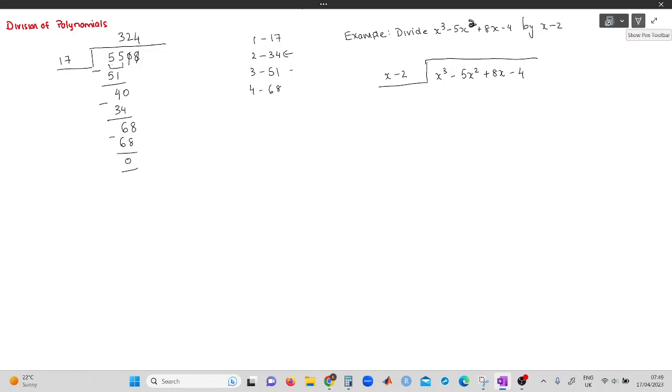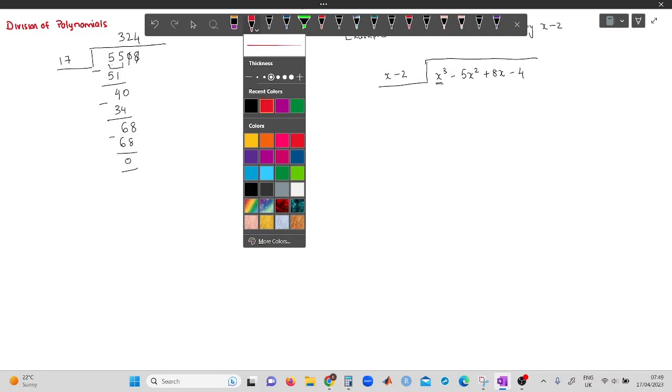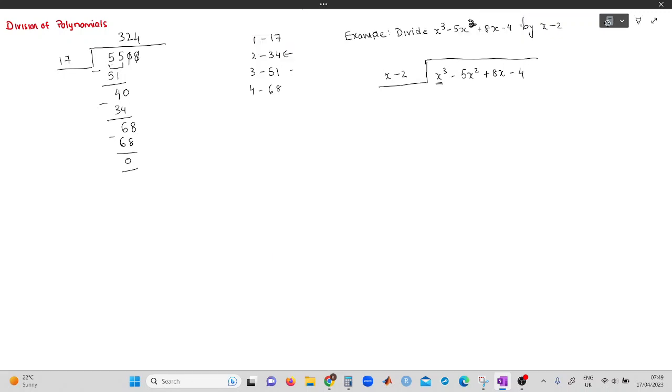Okay, so here, first thing, as we did earlier, we try to divide the first term, which is x cubed, by x. We divide the first term of the polynomial. So the first term of the polynomial, what is it, children? It is x cubed.